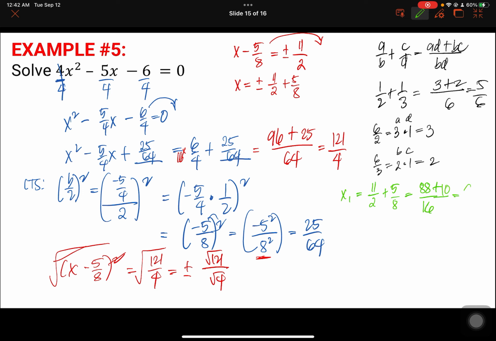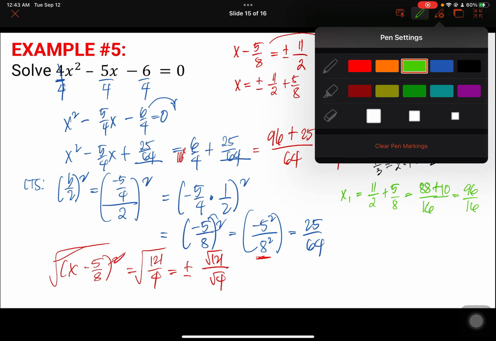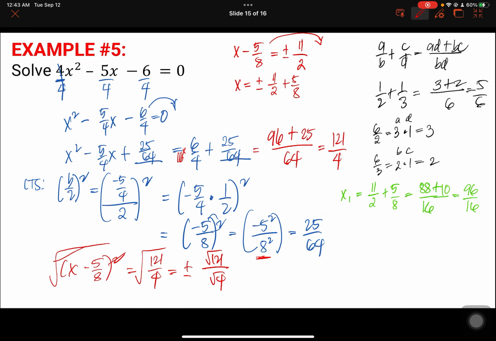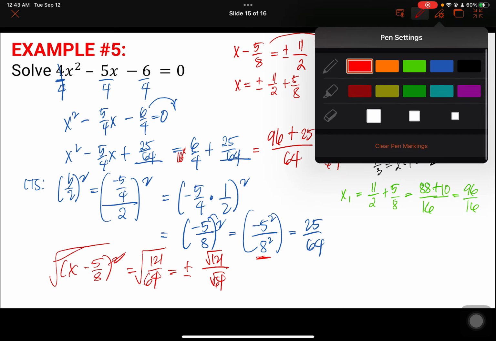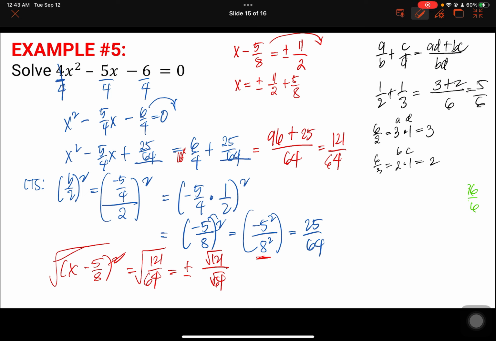So, we have 98 over 16. Double check natin. Oh, I have a mistake. 64 pala dapat to. So, sorry, 64, di natin nalagay. Namali ako ng kopya. So, parehong 8 na pala dapat yung ating magiging denominator.